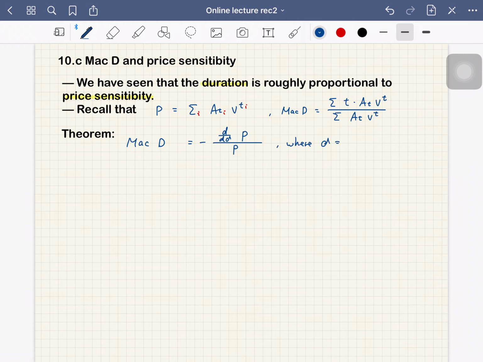So delta is equal to log of 1 plus i. Remember that the log of 1 plus i is almost equal to i. You can just see the logarithm function. So this is force of interest.